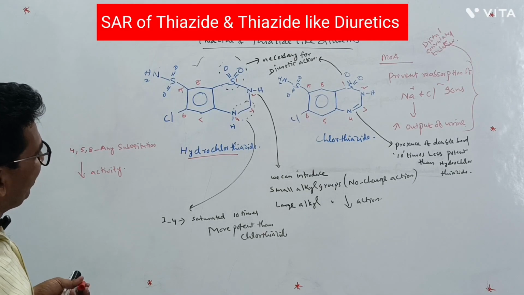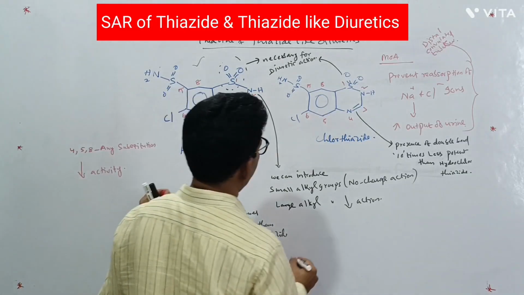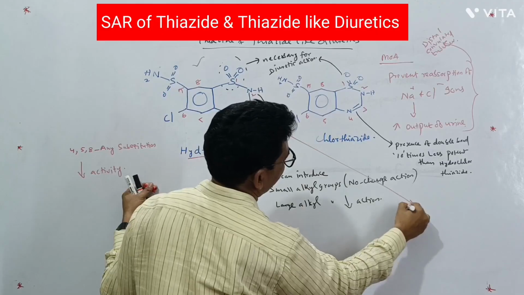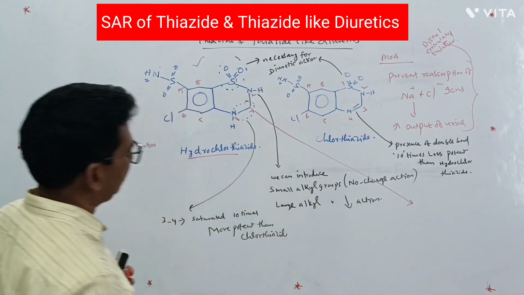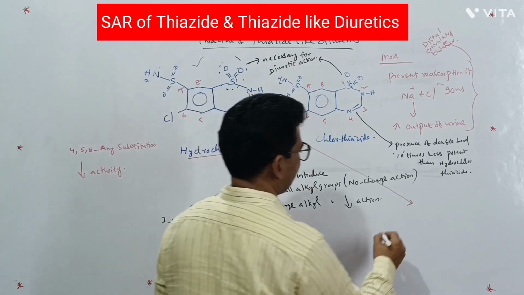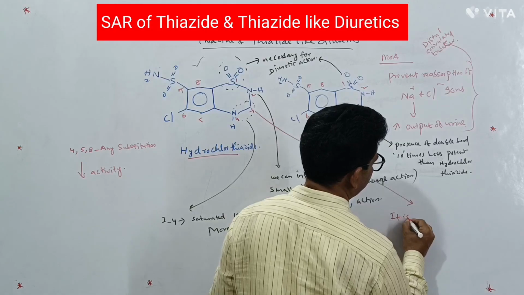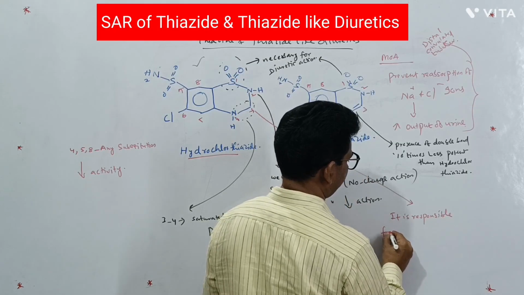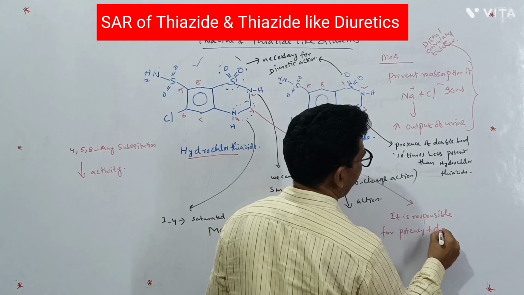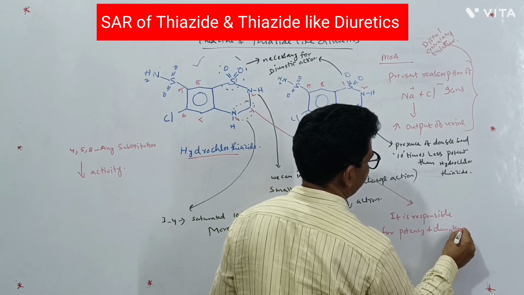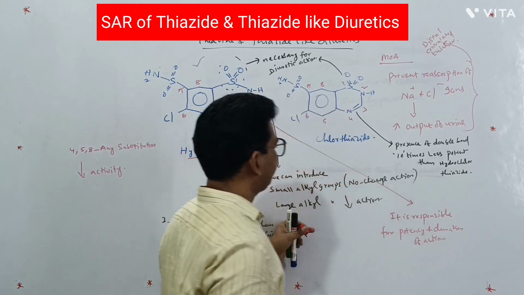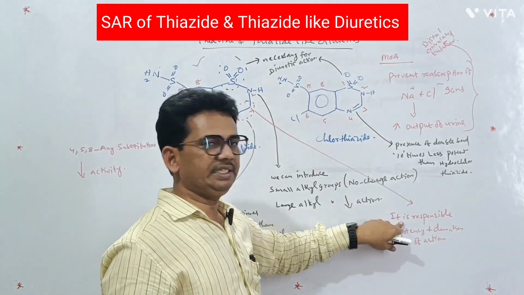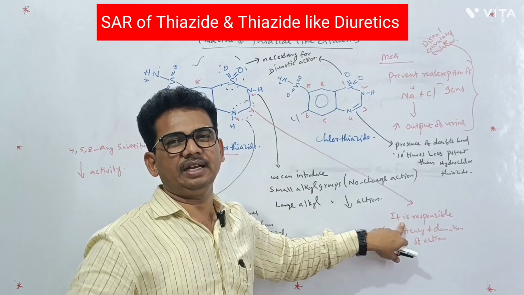But one other thing we forgot: the third position is responsible for potency and duration of action. Substitution at the third position changes the potency of the drug, either decreasing or increasing the diuretic action.